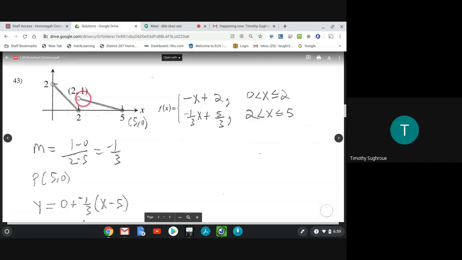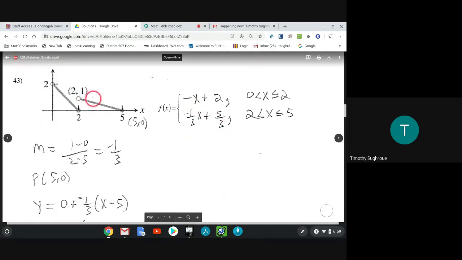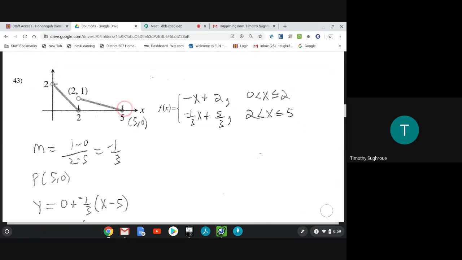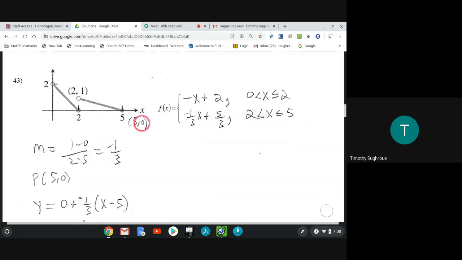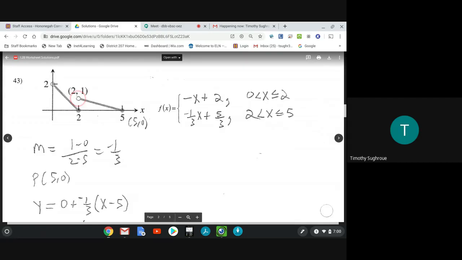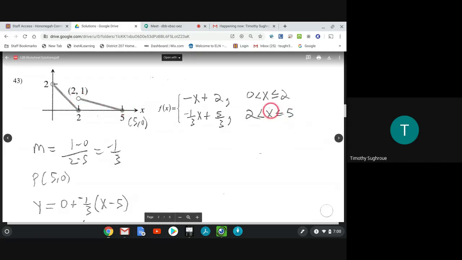We say this line is defined to be negative 1/3 x plus 5/3. However, we're only defining the line from the x values of 2 and 5. Notice 2 does not have an equal to because it has an open circle on the left end of this segment. 5 has a closed circle. Therefore, we have the equal to.